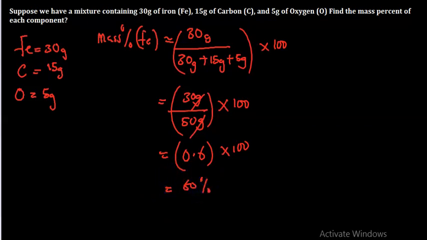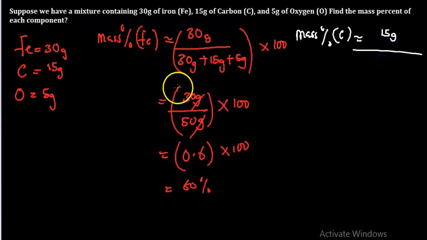The next problem on the list is to find the mass percentage of carbon. Let's say mass percent of carbon. Carbon is 15 grams. This is simply going to be 15 grams divided by the total mass of the mixture. Here we have for the iron 30 grams, plus carbon itself, which is 15 grams, plus oxygen, which is 5 grams.